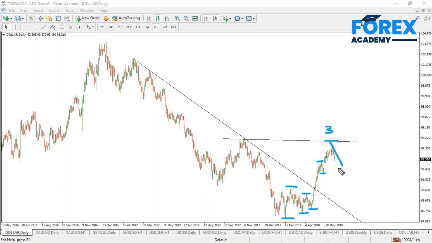That will then complete wave A before we move down to see wave B develop. The bottom of wave B will begin the wave C structure. The other alternative, though, is that this is a wave A.